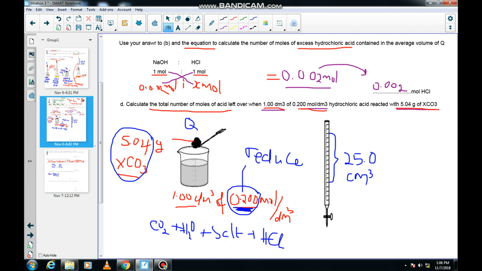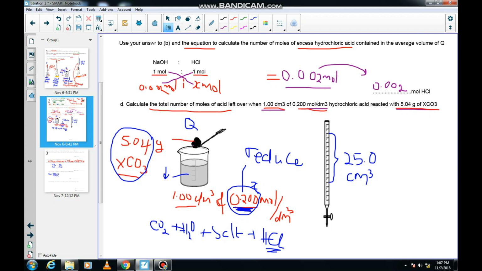That number will be less than 0.2, which will be the excess acid remaining. So we'll have that number here, and the new concentration will be that number. Let me call it X. It will be X moles per decimeter cubed. So the concentration of this solution will reduce as the acid molecules get used up.